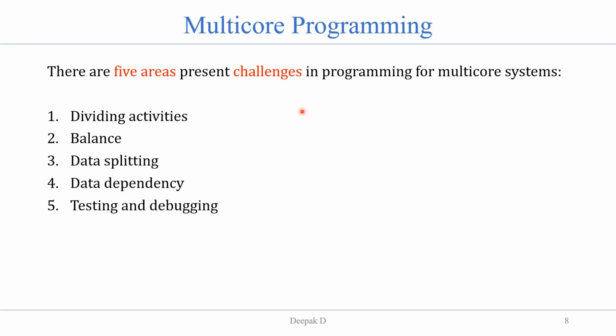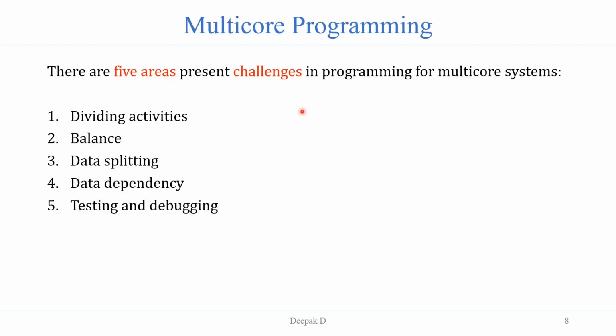But with multiple cores, you are actually assigning multiple threads to work in parallel. So the execution of these threads on a single core may take longer than on multiple cores.